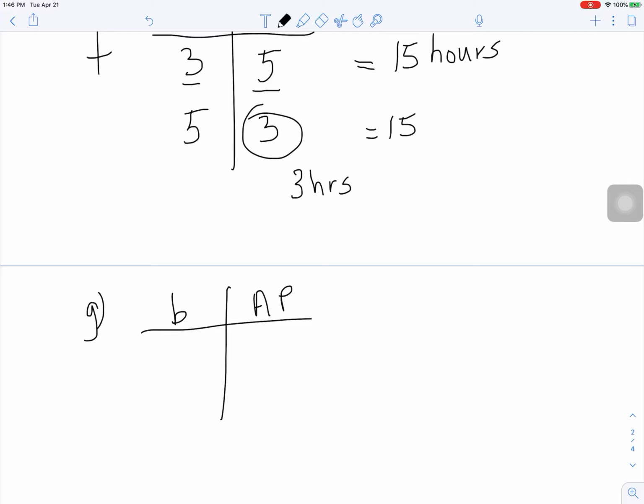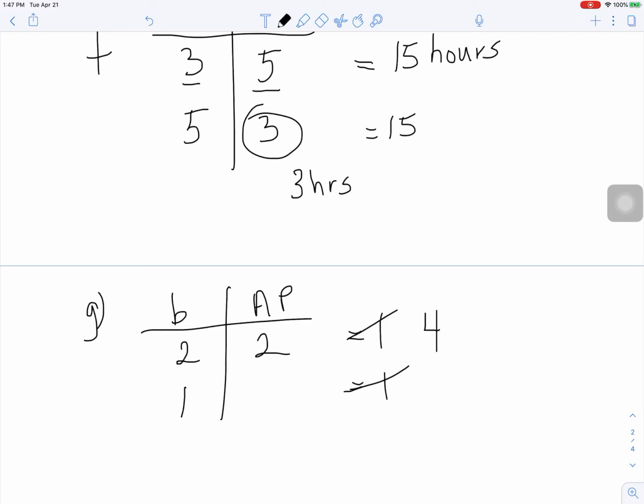The balloon and the air pressure. If the balloon is 2 and the air pressure is 2, then our answer here is going to be 4.